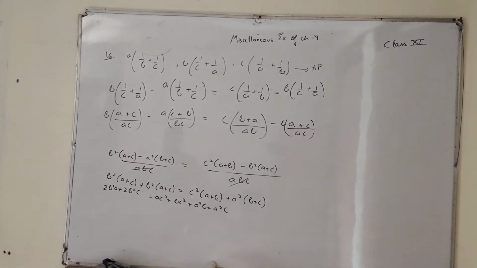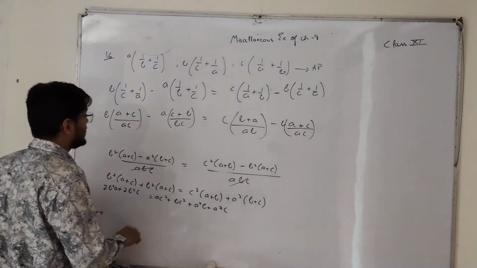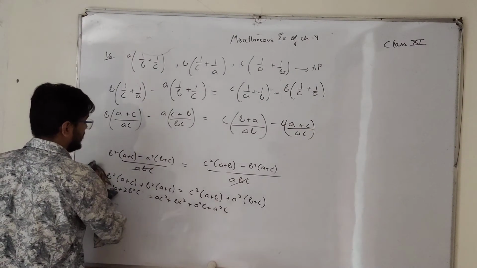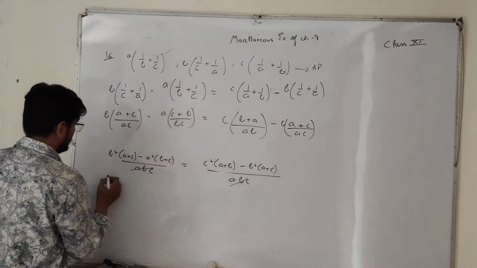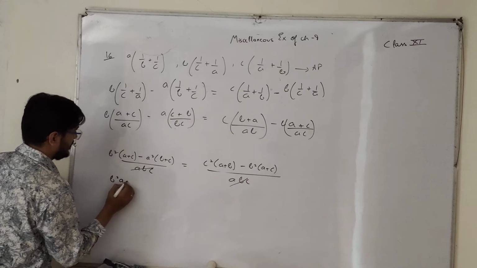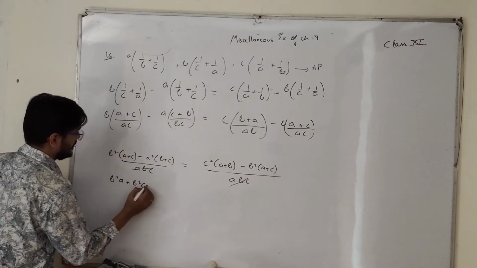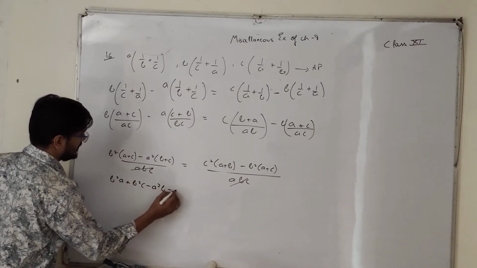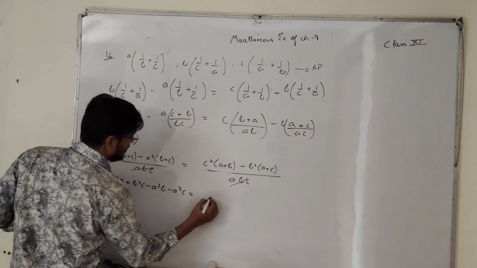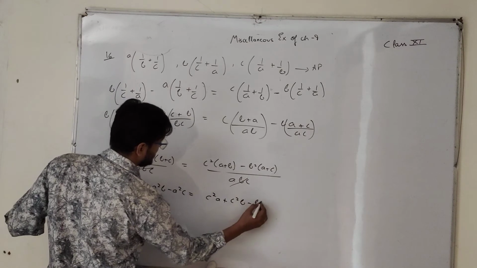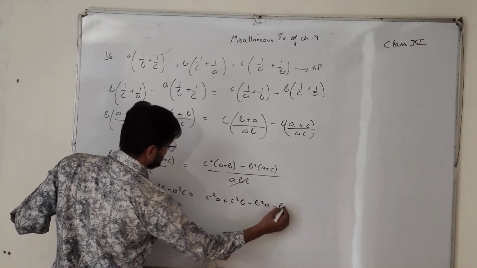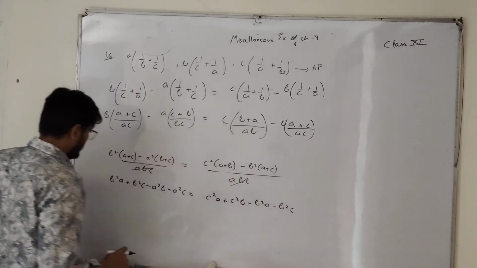Now what we will do, it's better to simplify it here only, rather than taking it. So it will be B square A plus B square C minus A square B minus A square C, C square A plus C square B minus B square A minus B square C, right?